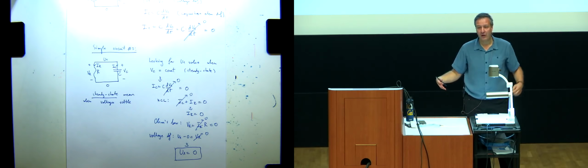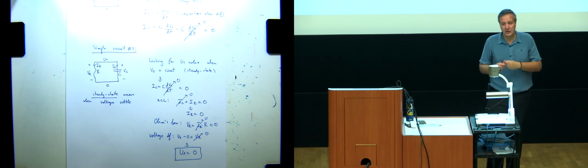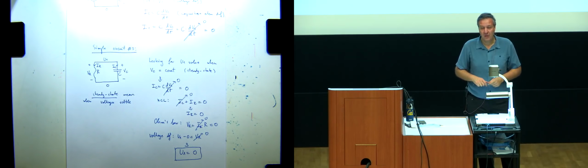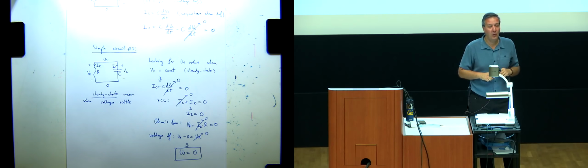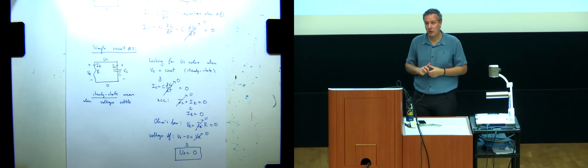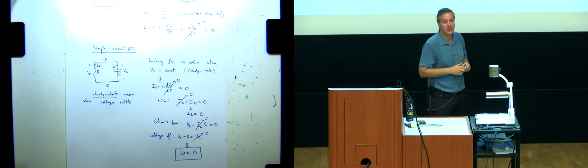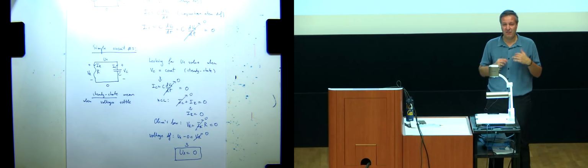From there, the capacitor current is equal to 0. Once you have that information, what can you treat the capacitor as? What other element that we know has a current of 0? Open circuit, right?